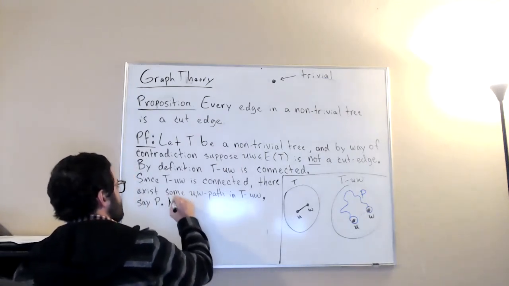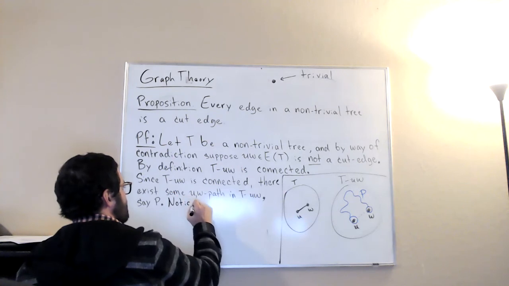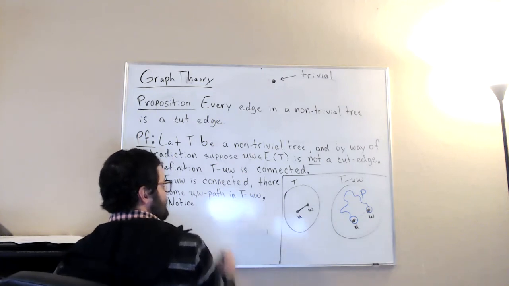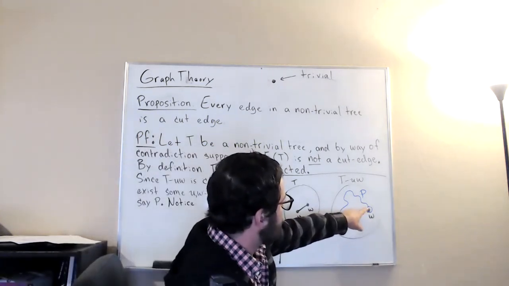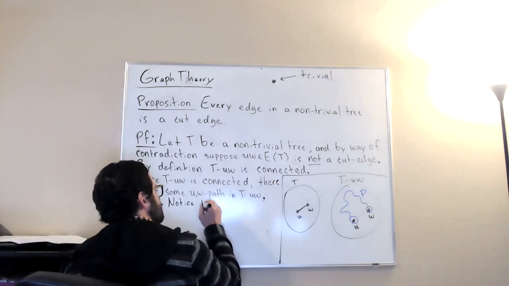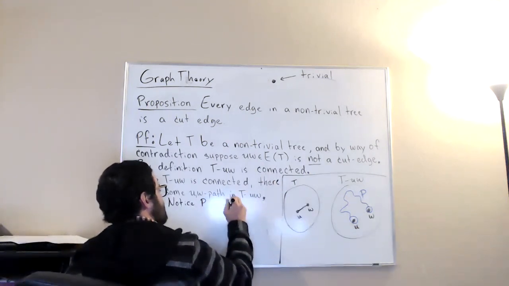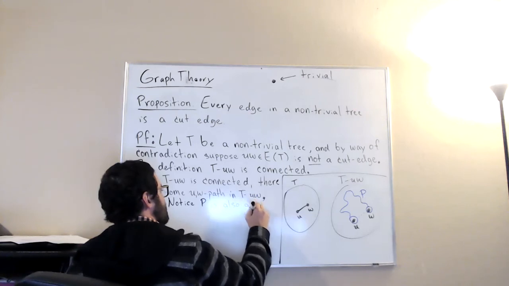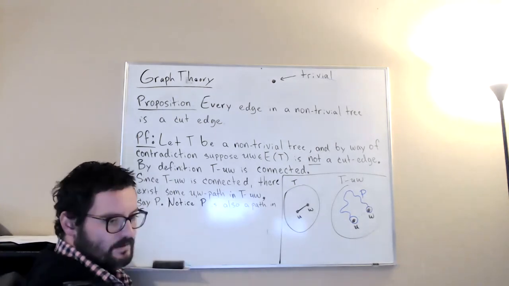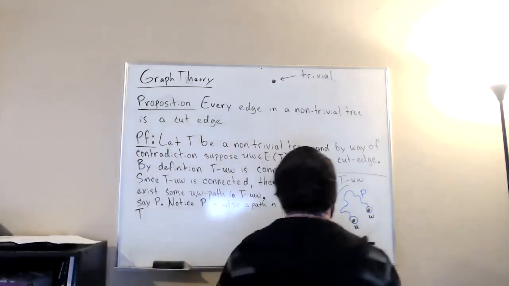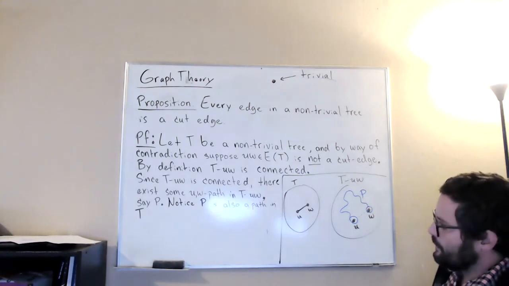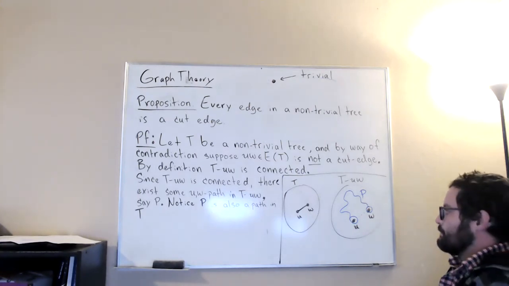So notice in particular, P is a path in T. Because we didn't add anything to T, we only got rid of that edge. So everything along this path better also be in the previous graph, right?